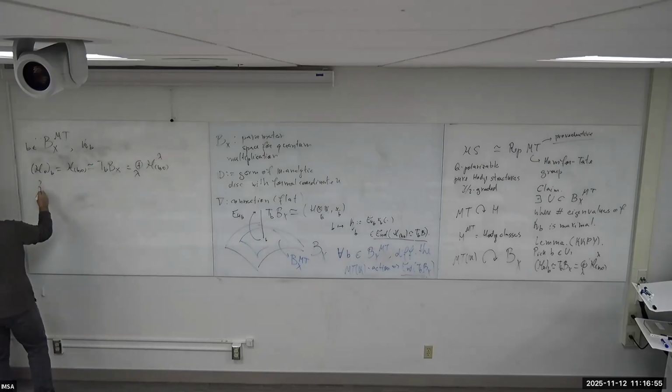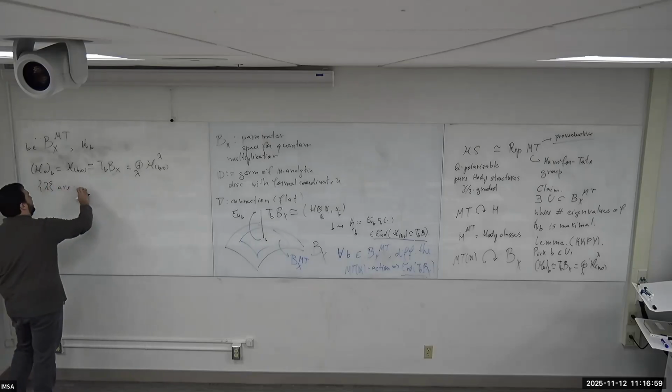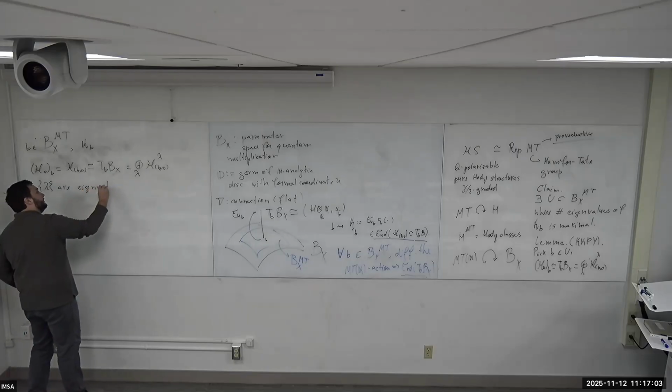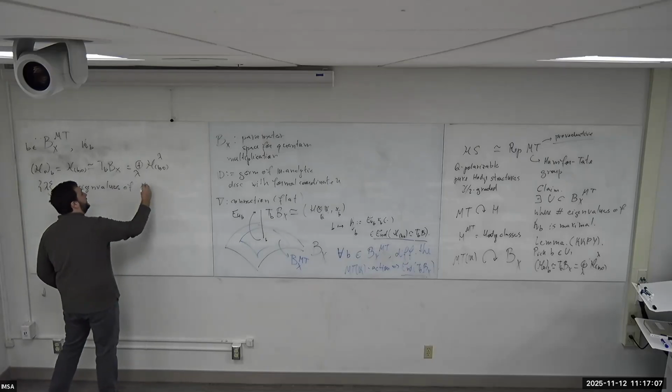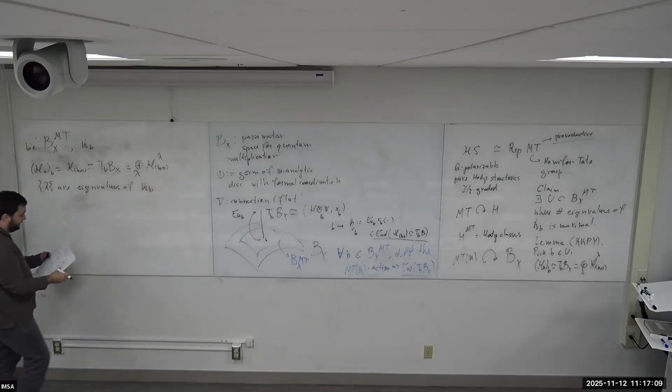So the collections of lambda are eigenvalues of kappa B.